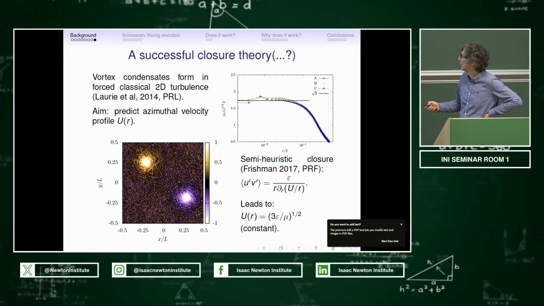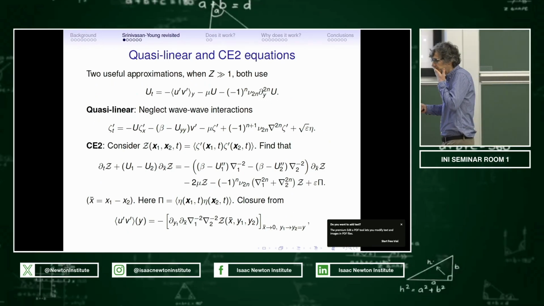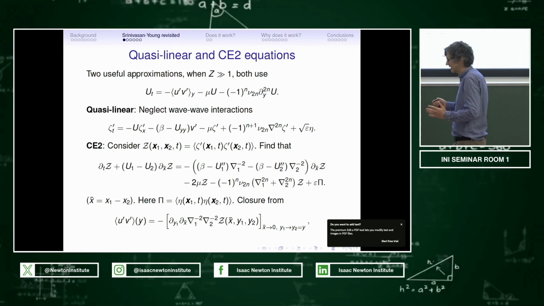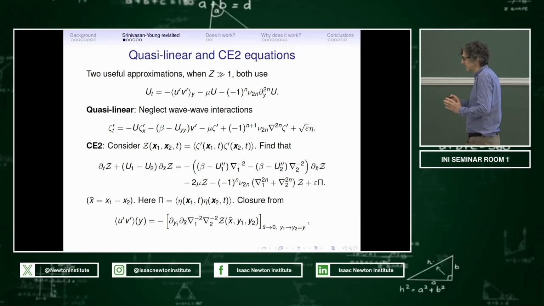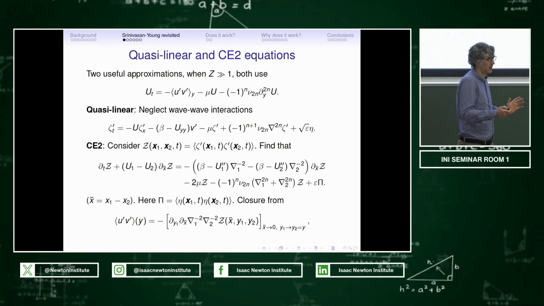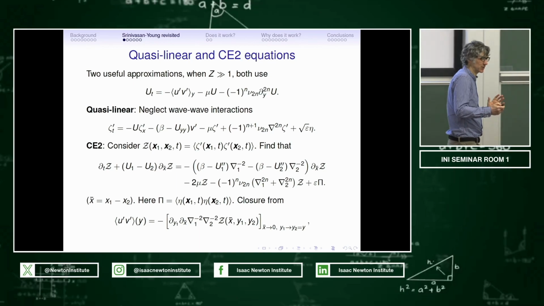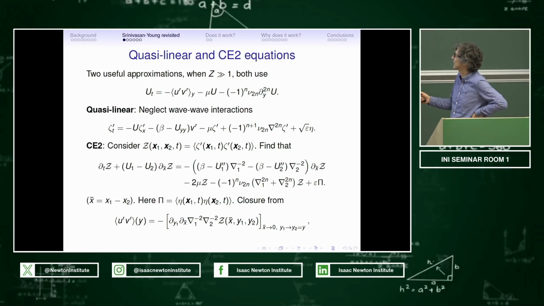Right. So what are the tools that we attack the problem with? Well, there are two simplifications to the system which are helpful for making mathematical and computational progress. Both of these approximations are thought, and I don't think anyone has proved this formally, to be asymptotically accurate in the limit where z is much greater than 1, which is the giant planets limit that we're interested in, where all of the energy in our system is going to end up in jets.